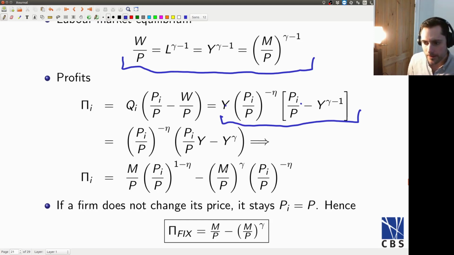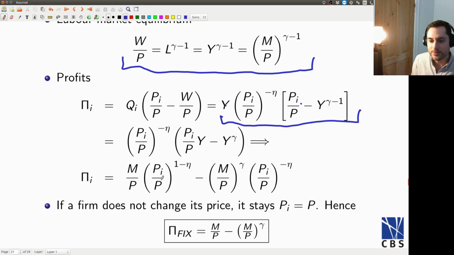So if the firm doesn't change its price, if it just goes with the prevailing demand without adjusting its prices, then we're going to have this result, and the firm's profit is going to be as given here, which is basically just MP divided by P. Why is that?